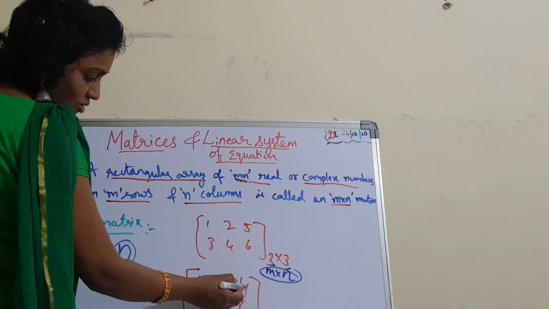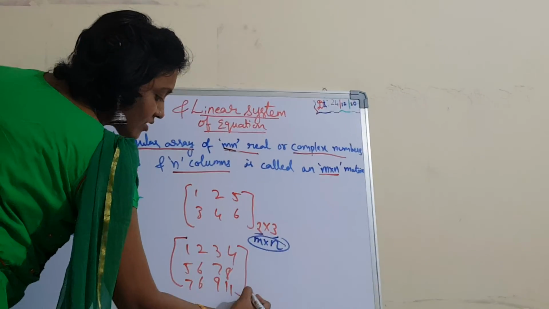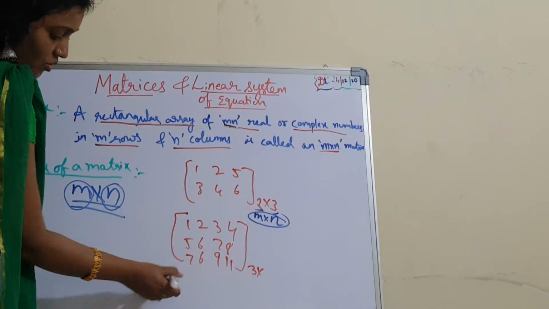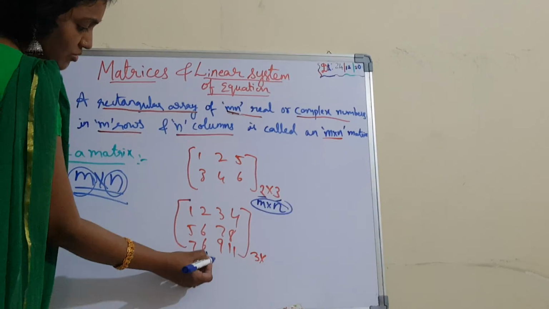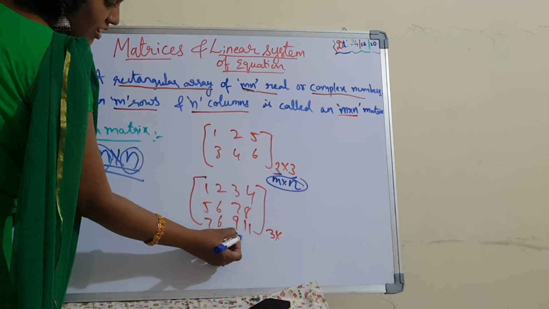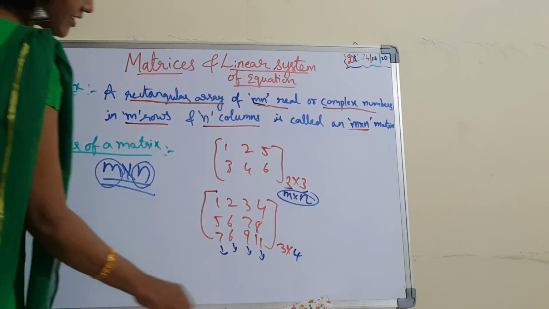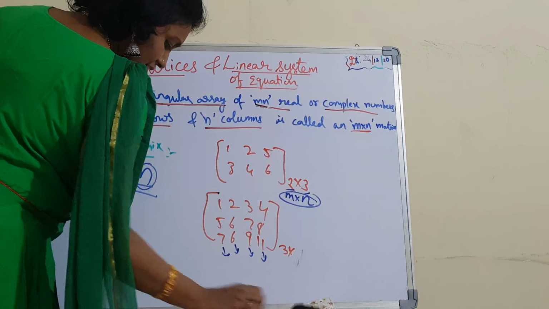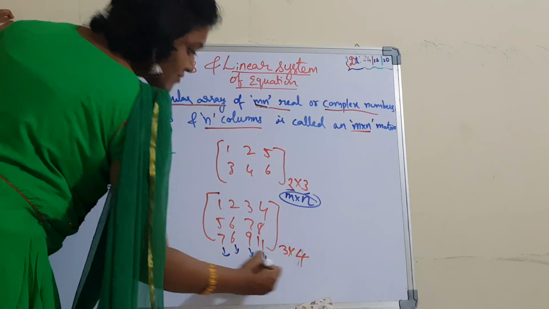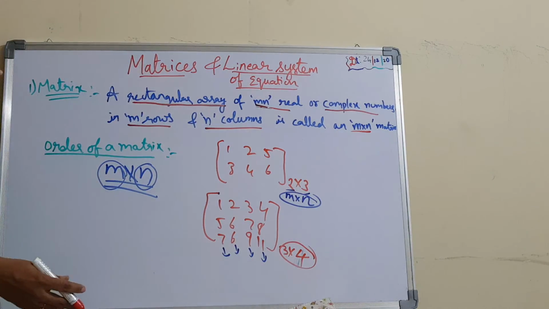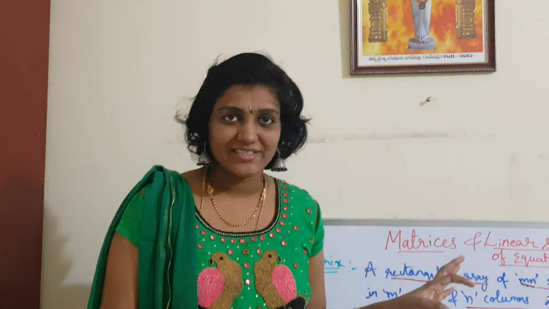How many rows are there? 1, 2, 3. 3 rows. How many columns? 1, 2, 3, 4. 4 columns. The order is 3 by 4. I think you have understood what a matrix is and what the order of a matrix is.